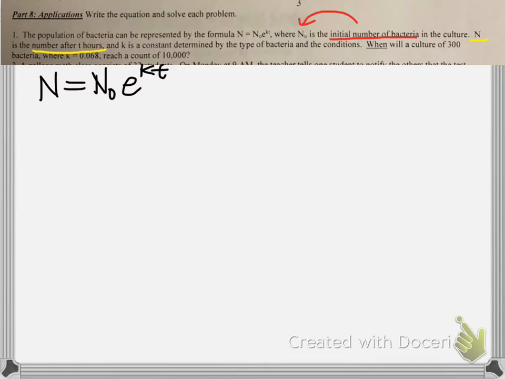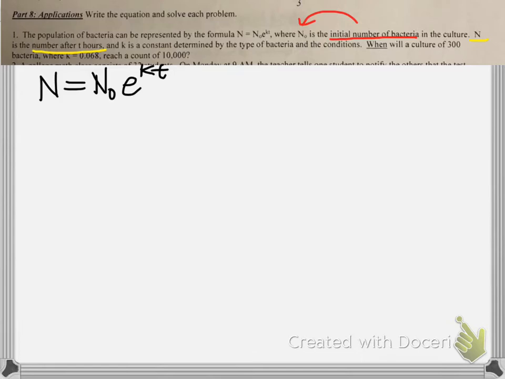So remember that this N0, that little circle, stands for initial, and it stands for the number of bacteria in the culture. All right, so keep that in mind.